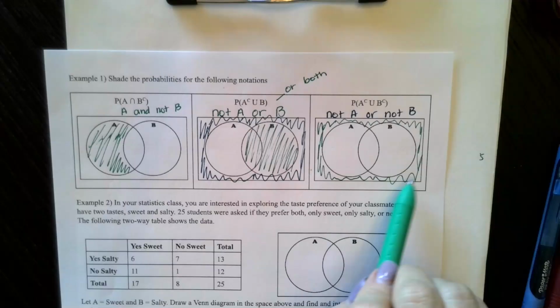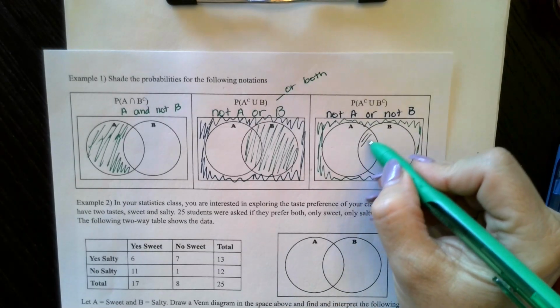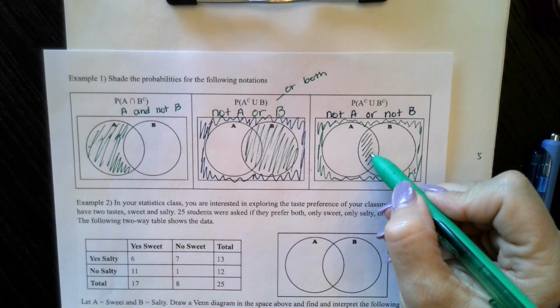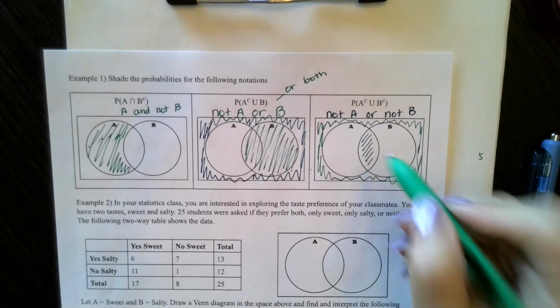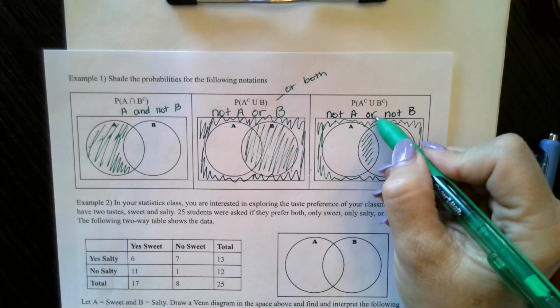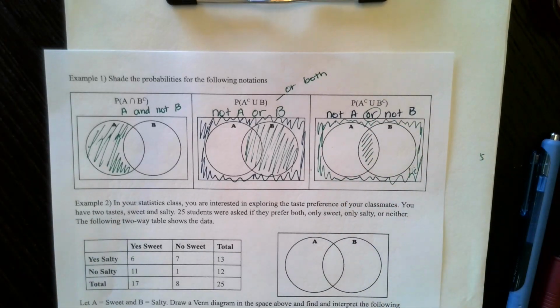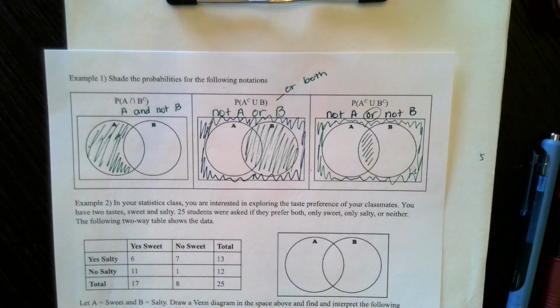We know that that's not A or not B, but we also have this region in here because this is A and B. Actually, hold on. That's not true. It's going to be or. So it's going to be the opposite of that. So hold on, I'm going to change this because I don't want there to be confusion on this.